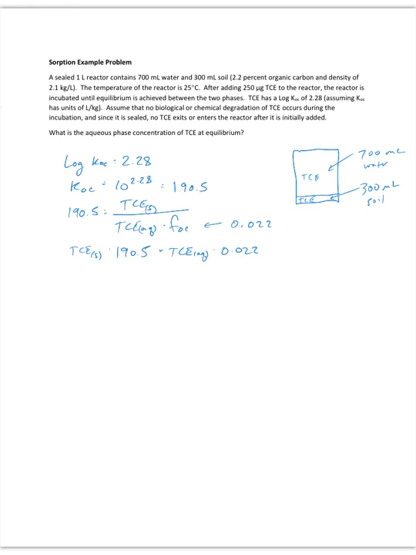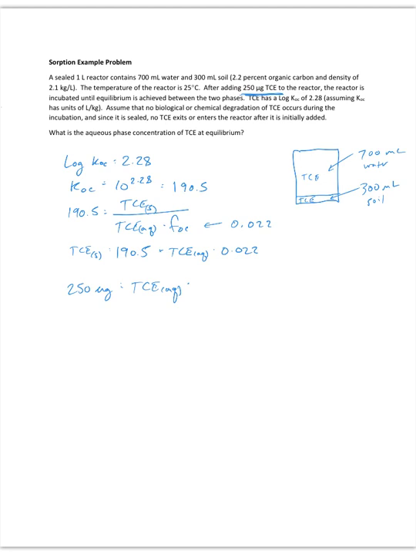Now the other equation I have is a mass balance equation. I know how much mass I have of TCE in the reactor. It's 250 micrograms, and nothing's entering or leaving or being degraded. So I've got 250 micrograms. This has to equal the aqueous concentration times the volume in the aqueous phase, right?